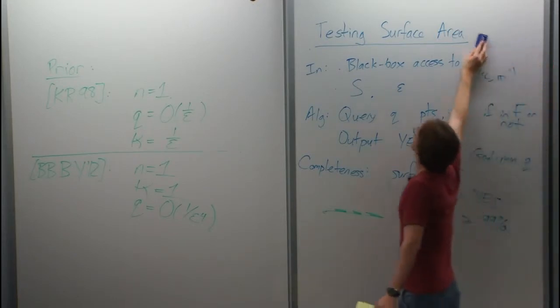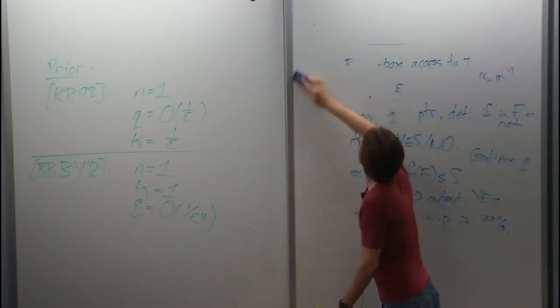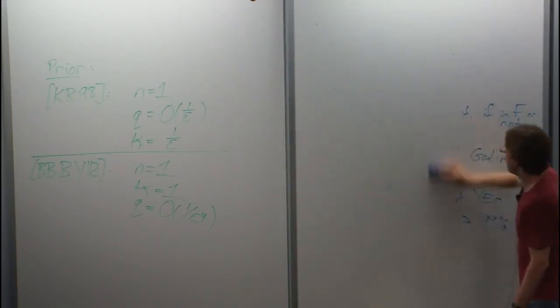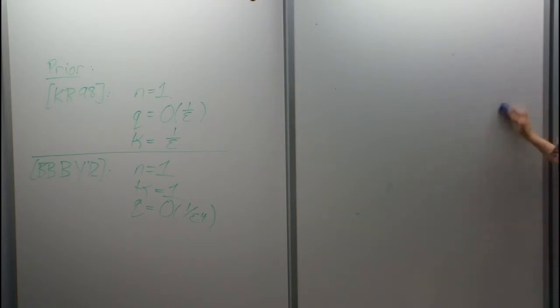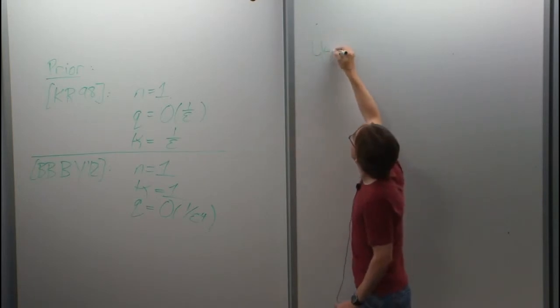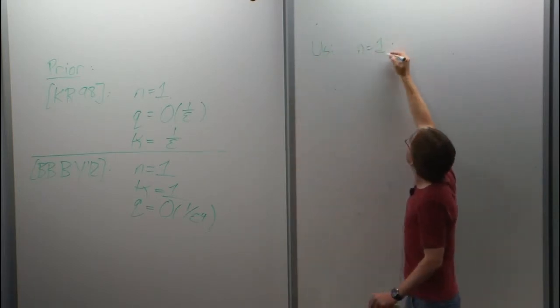Okay, and now I'll tell you our results. We looked at higher dimensions, which, as I said, already becomes quite interesting in the case n equals 2. And really all the main ideas are in that case. Although we also got something for n equals 1, I suppose.